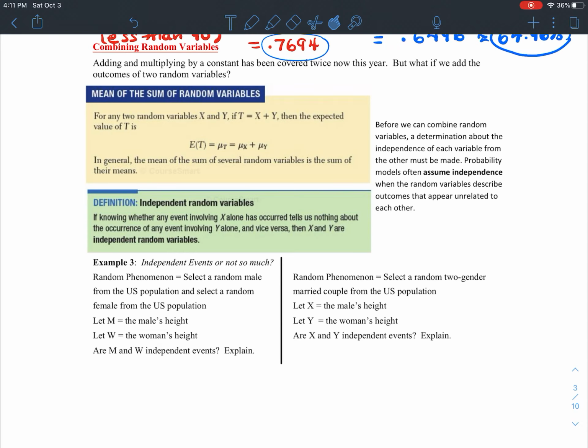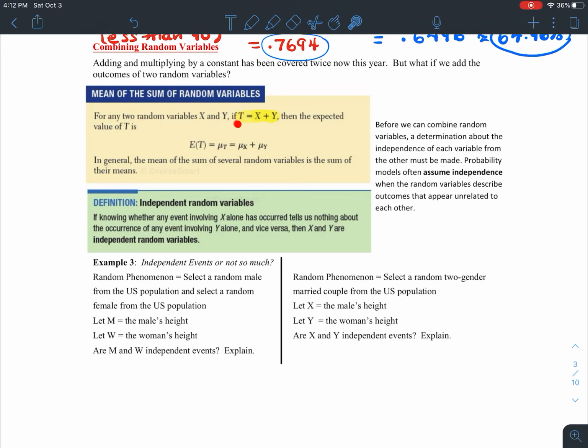The last thing in this video that we're going to discuss is what happens when you're combining together 2 random variables. We talked about what happens if you just have one random variable and you perform a transformation on it: addition, subtraction, multiplication, division.